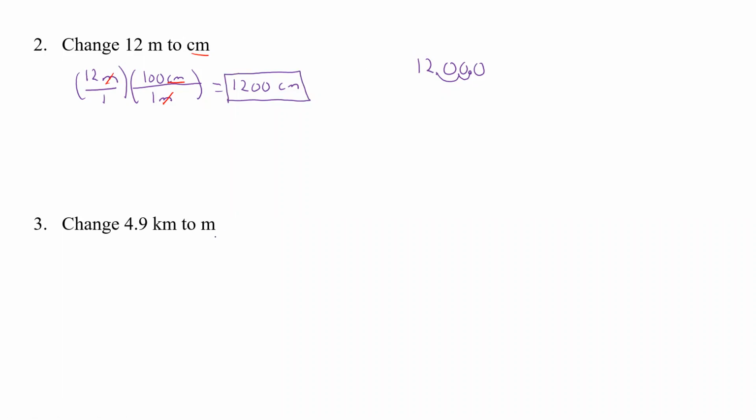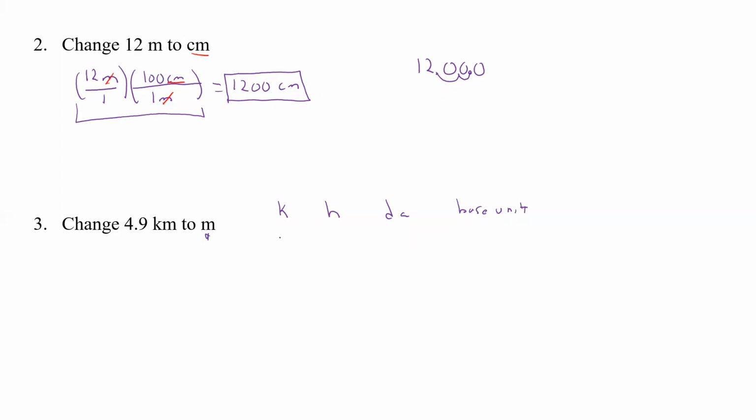So this time, let's not worry about doing our dimensional analysis. Let's just move decimal places. So we have to think about it. We had kilo on the left, then hecto, then deca, and then our base unit. That's as far as we need, because this is our base unit.